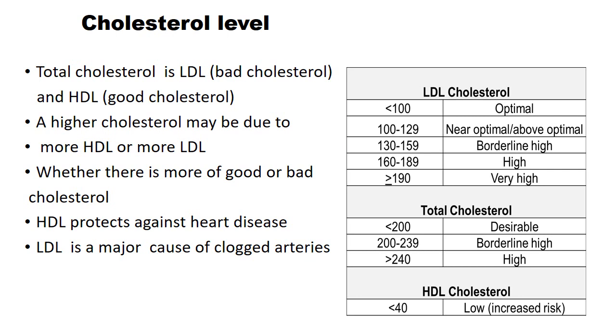So it is bad. Over here you can find a chart: LDL optimal is less than 100, up to 129 is okay. Total cholesterol desirable is less than 200, up to 239 is okay. HDL less than 40 is bad. It has to be more than 40.